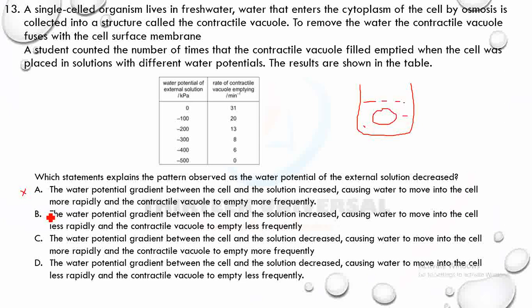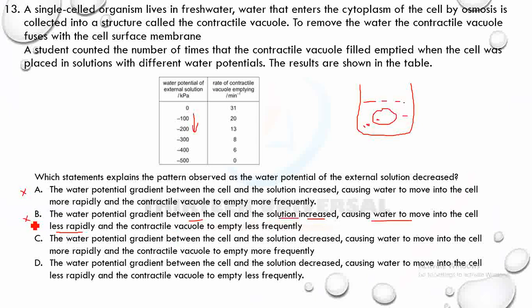A is wrong. Now B says the water potential gradient between the cell and the solution increased, causing water to move into the cell less rapidly. This less rapidly is correct, but the gradient does not increase. Can you see that it is decreasing? So B is wrong.